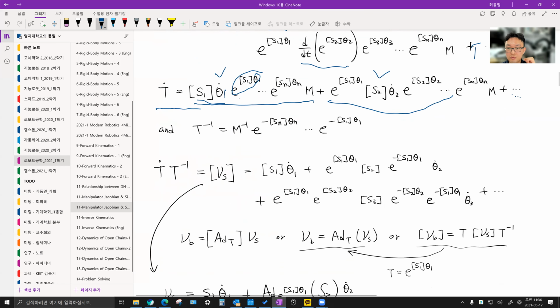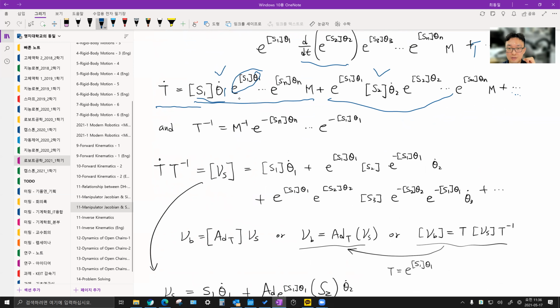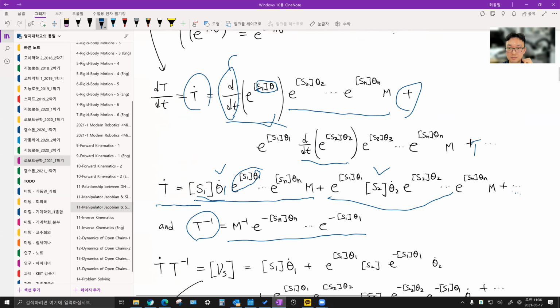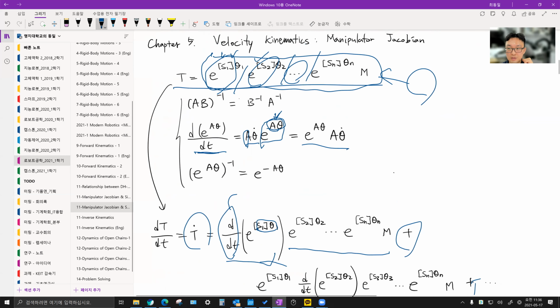And then we multiply by T inverse, like this, because if we take the inverse of this equation, then all the product order is reversed.